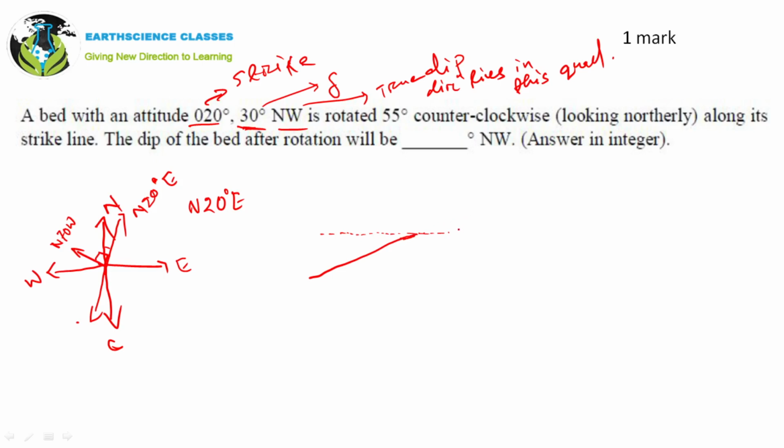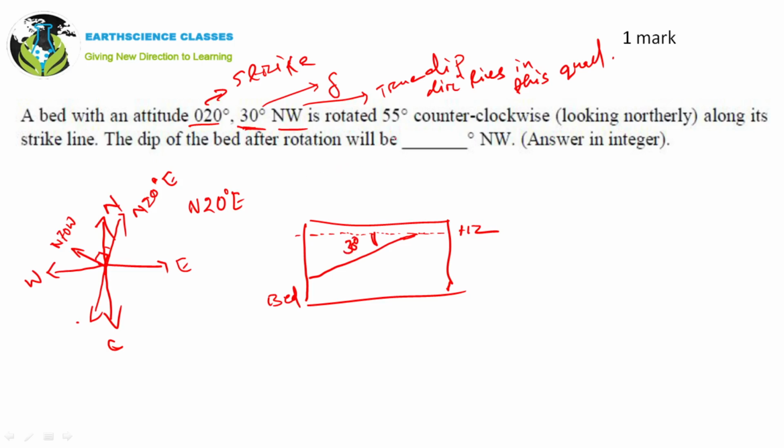The dotted line is the imaginary horizontal surface, and this is my bed, and this is the vertical section, right? So the dip amount is 30 degree. Dip amount is given as 30 degree.